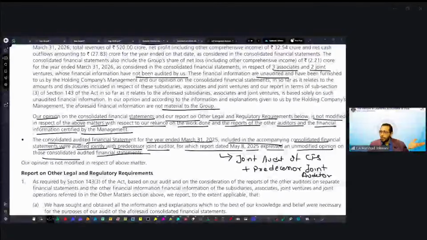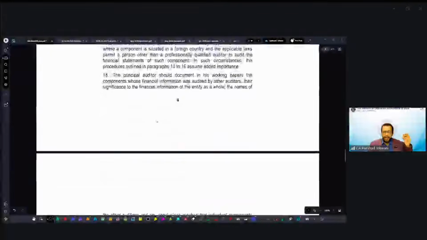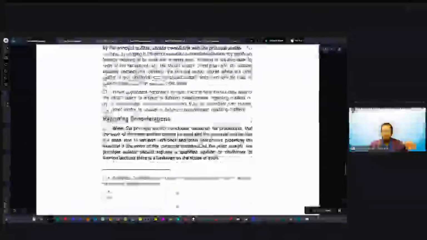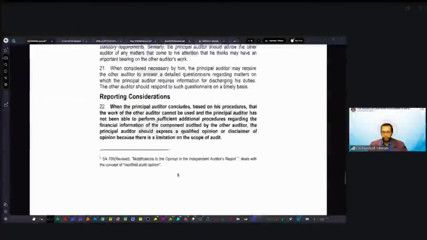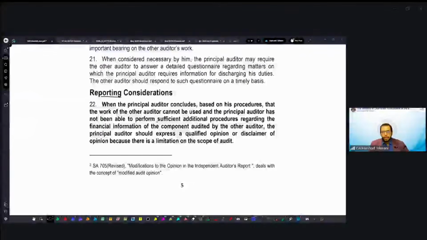And now let us go to SA 600. SA 600 provides certain reporting considerations. Now, what are these reporting considerations? Basically, when I talk about reporting on the consolidated financial statement, first of all, you need to understand whether there is any qualification on the audit reports of the components that you have received.